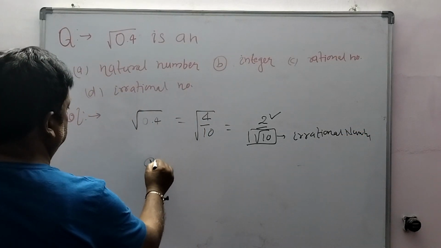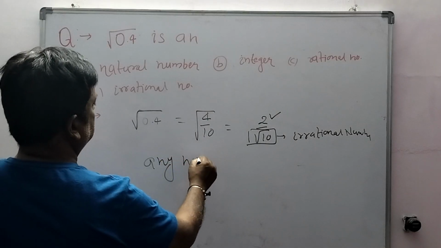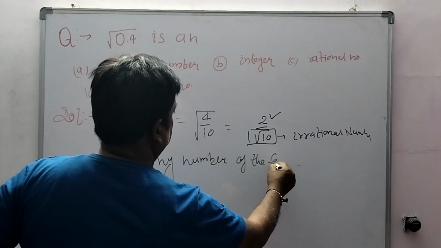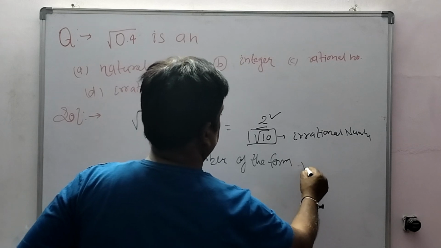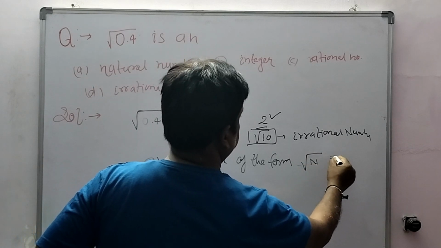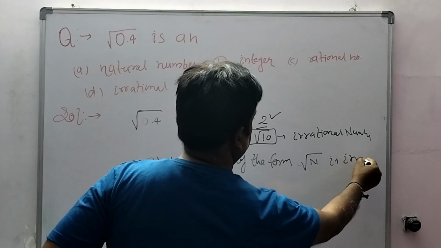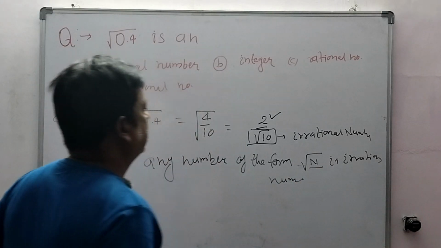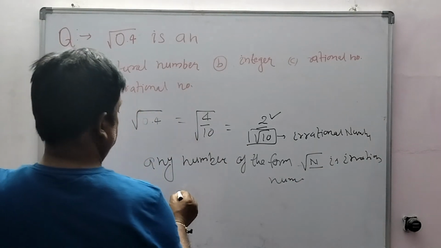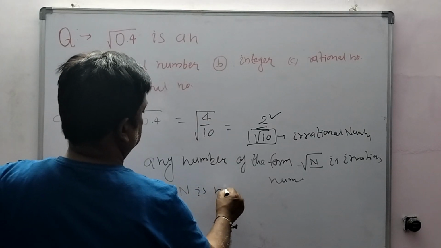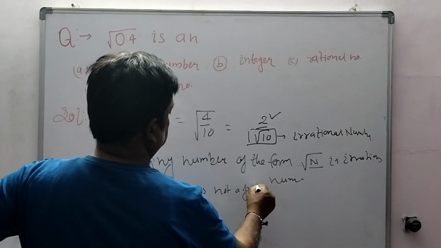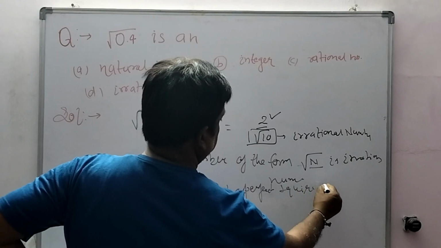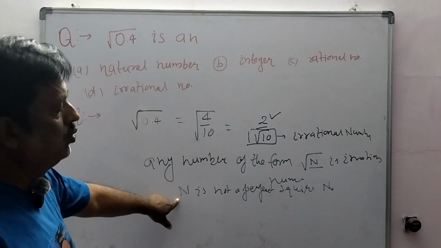Any number of the form root over n, where n is a natural number but not a perfect square number, is an irrational number.